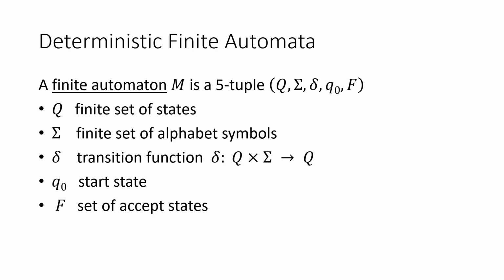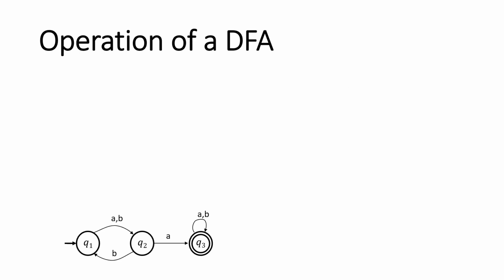By itself, it's a little bit unclear what's going on, which is why we've done some examples. And we actually drew out a particular DFA. So here I have at the bottom of the slide an example where there are some states: Q1, Q2, and Q3.